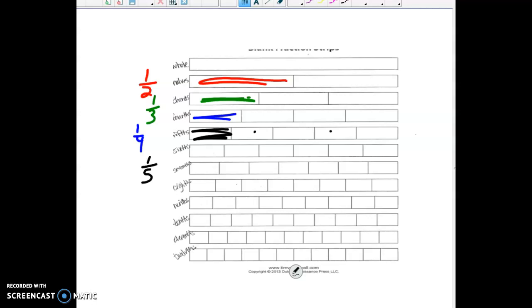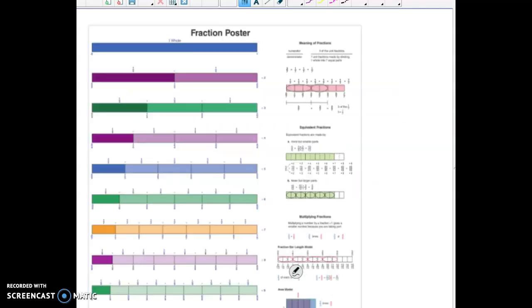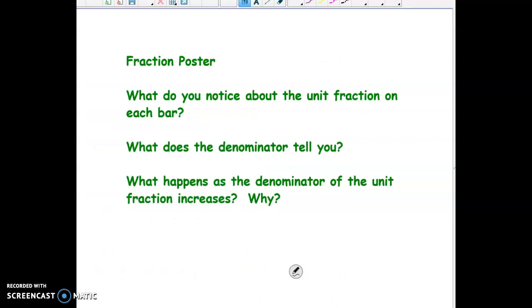All right, so let's go back to this one. What do you notice about the unit fraction on each bar? The unit fraction on each bar is just one piece. It's 1 over some denominator. The denominator tells you how many pieces are in each one.